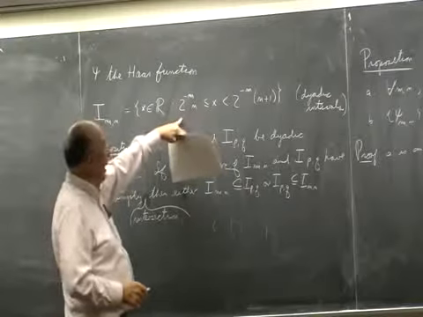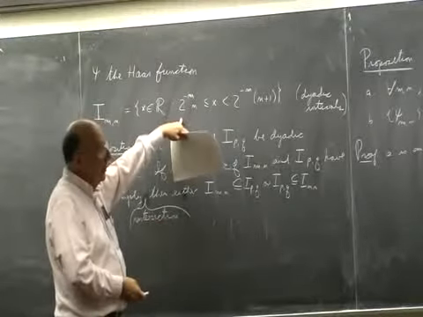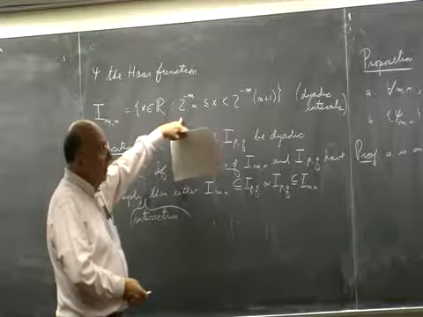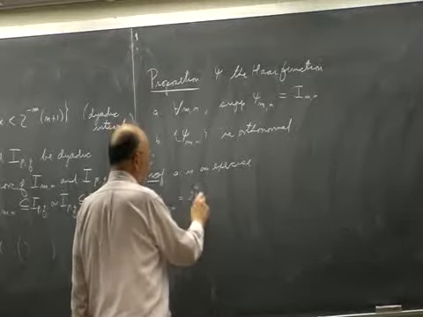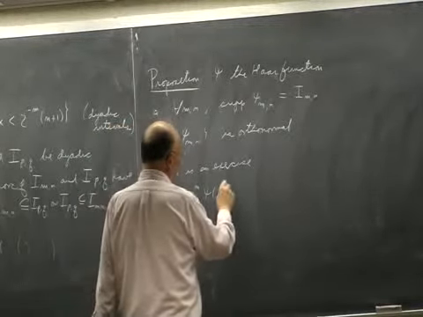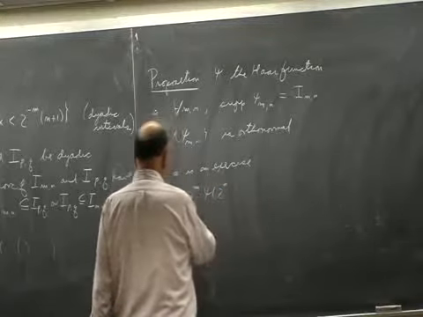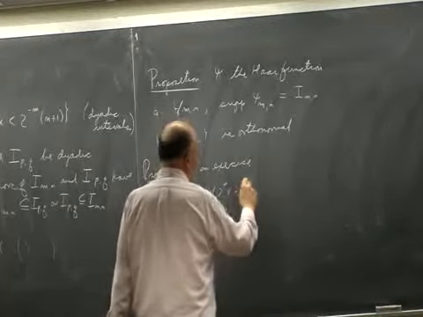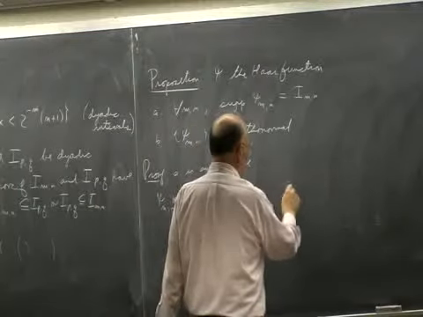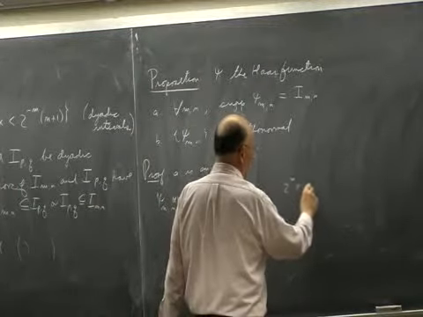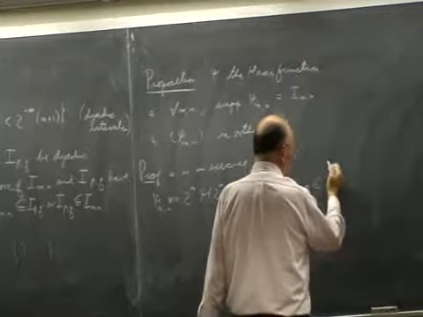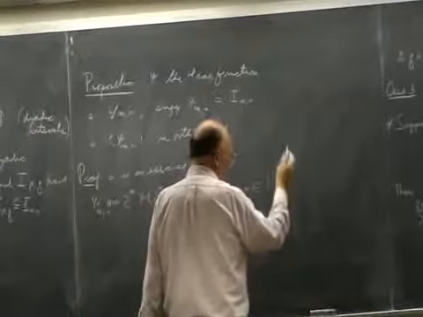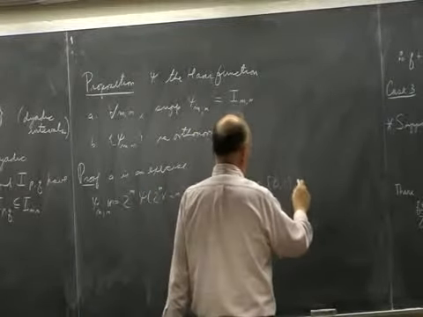And if you play the game of what I mn is, you see it's the support of psi mn, where psi mn is equal to 2 to the m over 2 psi of 2 to the m x minus n. So that means 2 to the m x minus n belongs to [0,1].